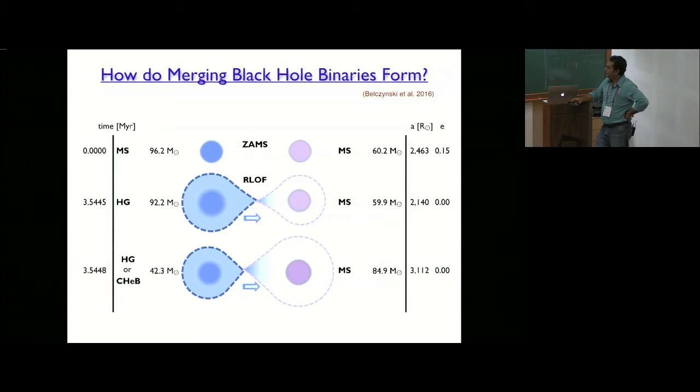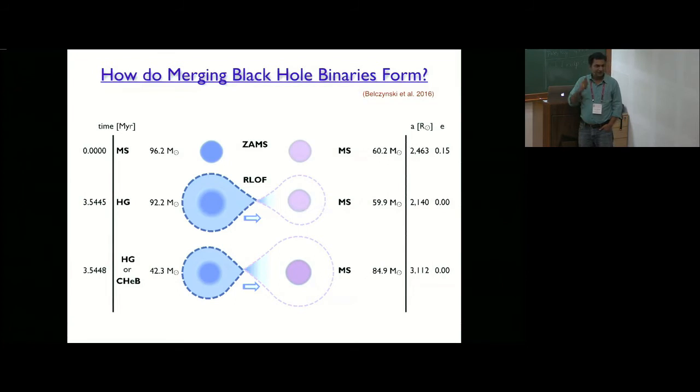And then it becomes some other type of star. This is a carbon helium burning star. And it keeps Roche lobe overflowing. And at this stage, due to all these details of the mass transfer, the separation started becoming bigger. Okay? And one of the details is, see how this was mass transfer from a more massive object to a low mass object.